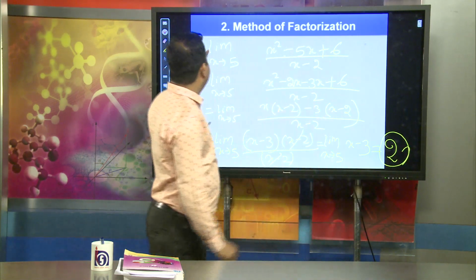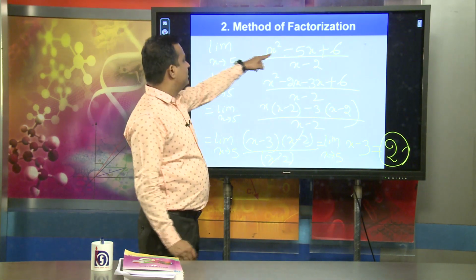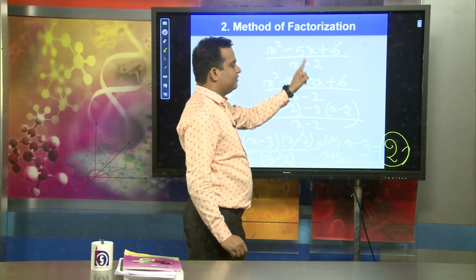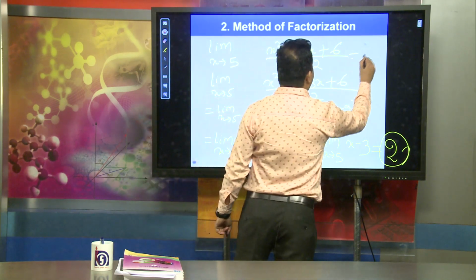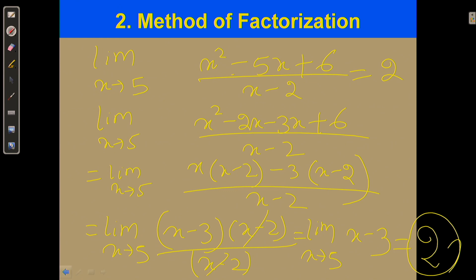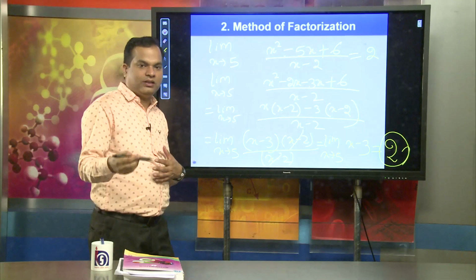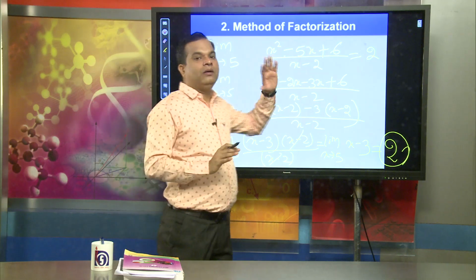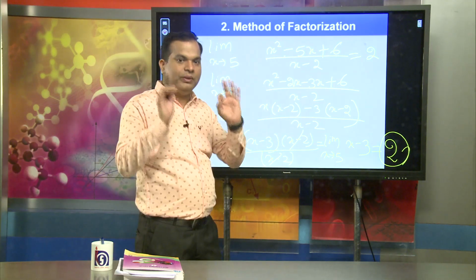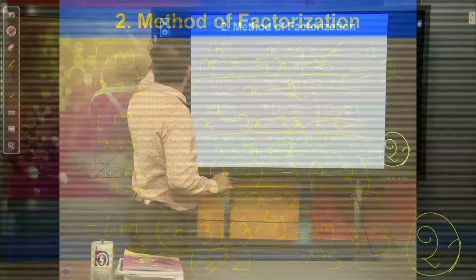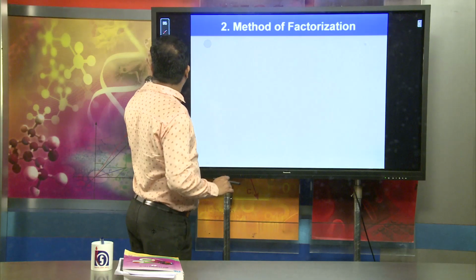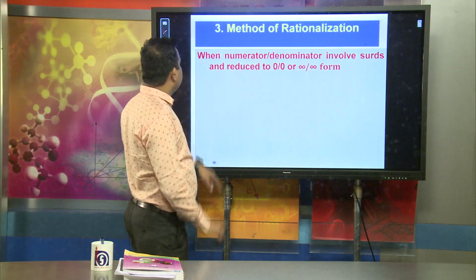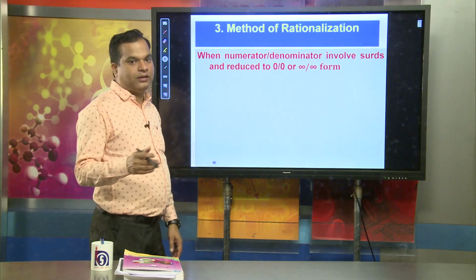That means the limit as x tends to 5 of x square minus 5x plus 6 by x minus 2 is 2. By using the factorization method, we are able to find the limiting value of the function, and this is known as the method of factorization. Now we will move to another method, that is the method of rationalization.